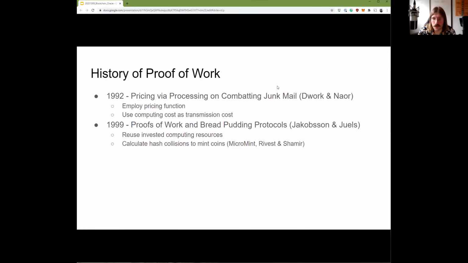And these hash collisions are coins, micromint coins. So here we already see in the 90s this concept of generating coins through investing calculation power, CPU resources, by defining coins as an identified hash collision.